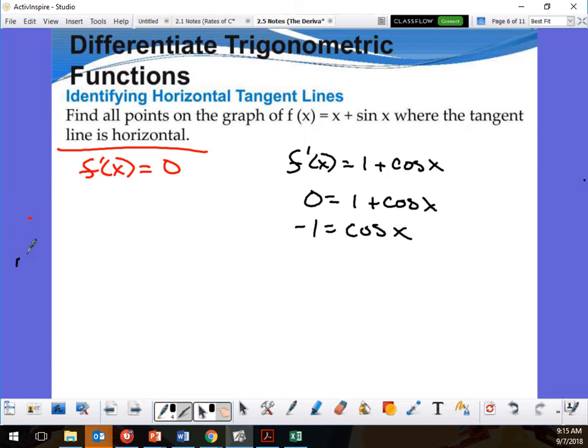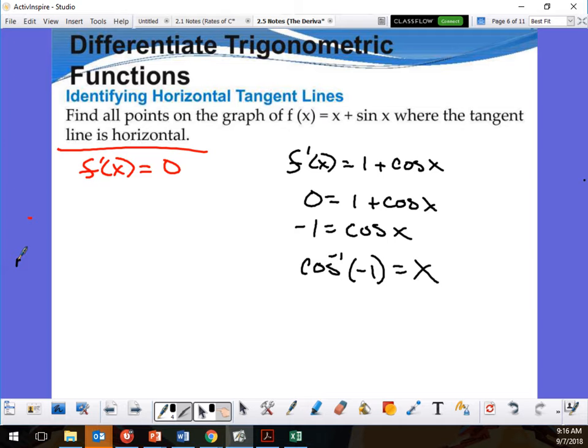And now from this point right here, we would do an arc tangent or inverse, arc cosine or inverse cosine. So either way, it's going to be inverse cosine of -1 equals x. So what that's saying is, where on my unit circle is cosine equal to -1? Only pi, right?